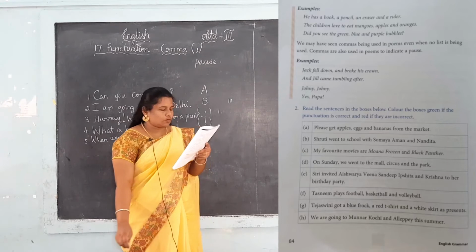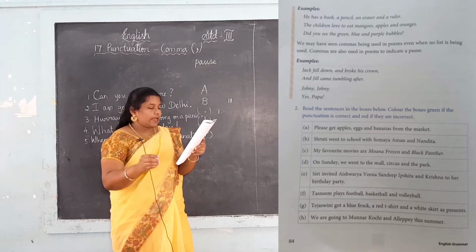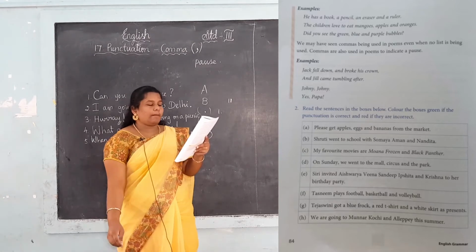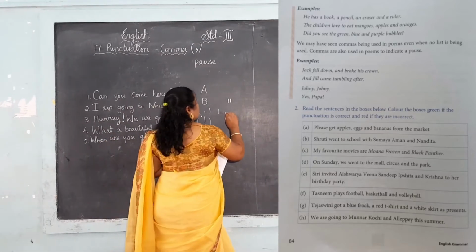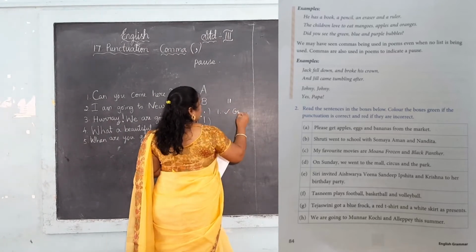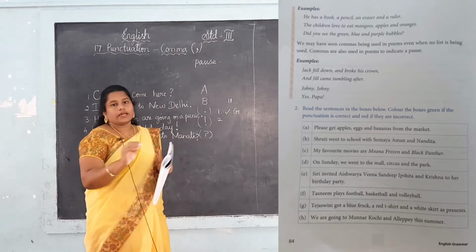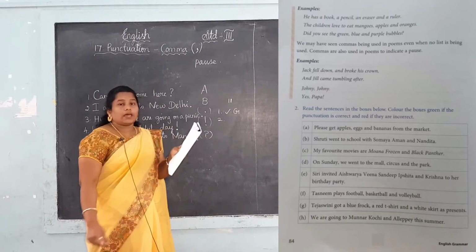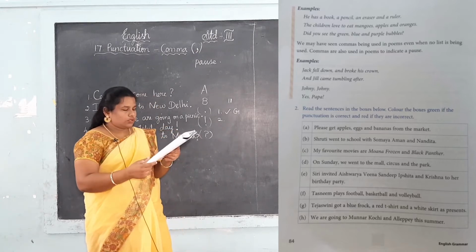Okay, first one: Please get apples, comma, eggs and bananas from the market. Is it correct or wrong? Correct. Yes. So, we want to use green color. So, you want to put the crayons in this page. Whether it is right, you want to use green; wrong means you want to use red.